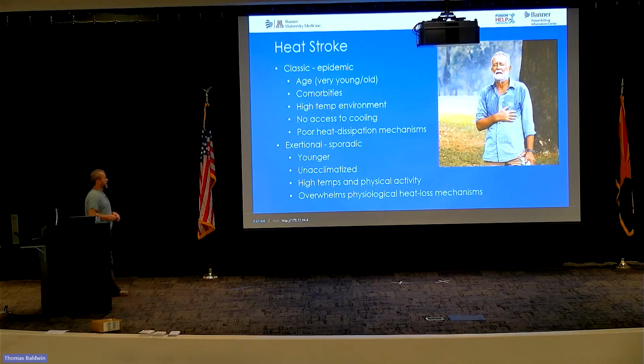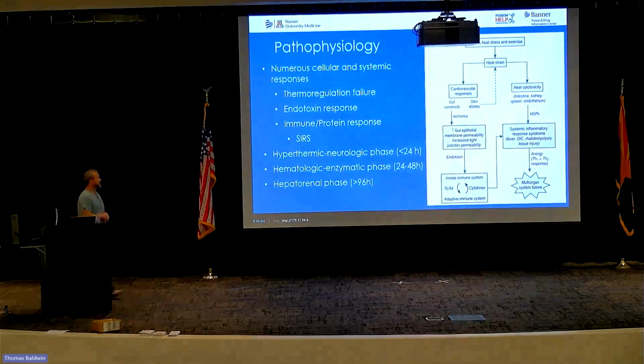So typically in this case, it's not a lack of these autonomic thermal regulation mechanisms that we have. It's really just that those mechanisms are overwhelmed by that excessive prolonged heat exposure.